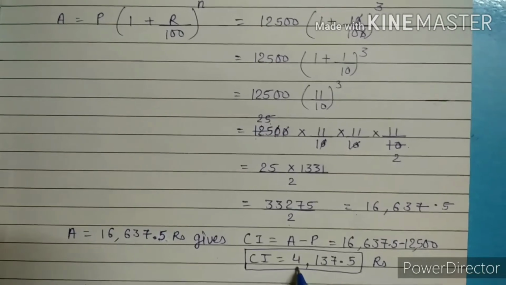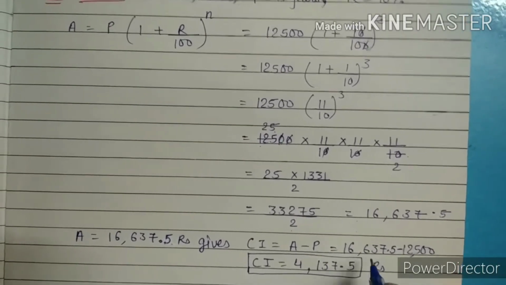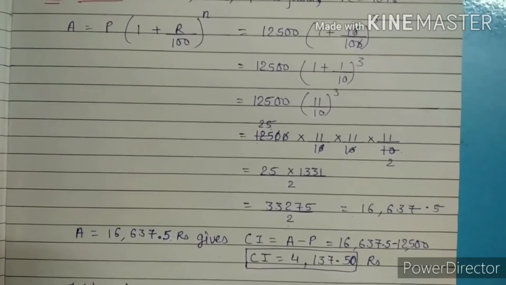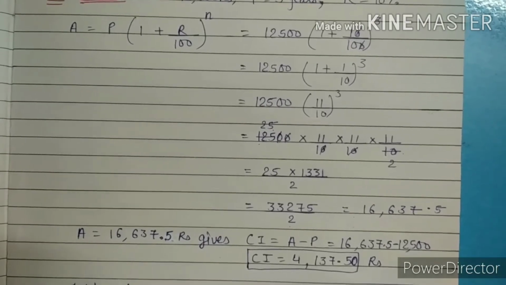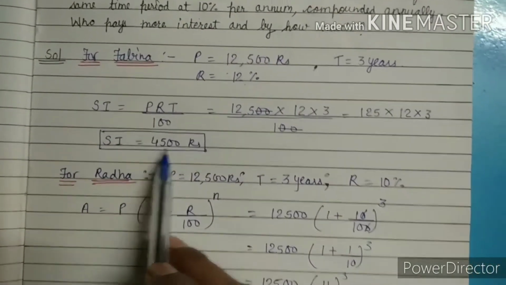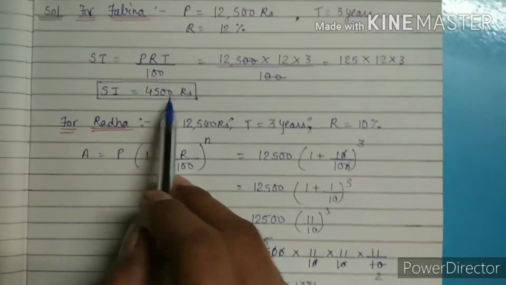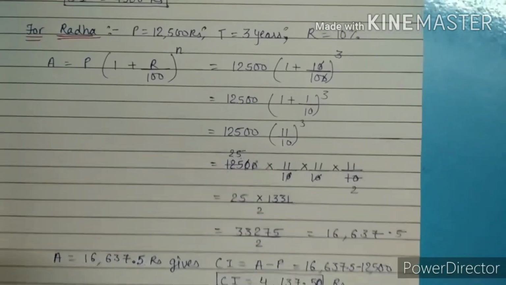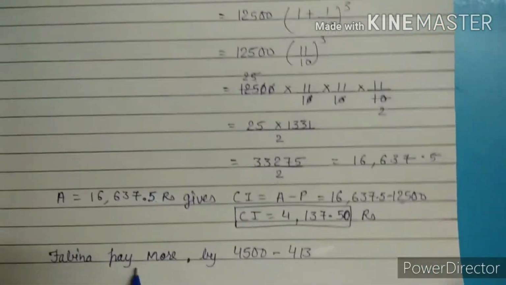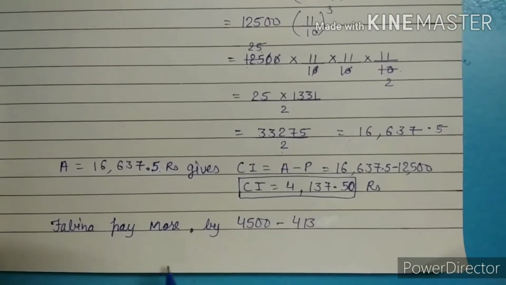It will give 4,137.5 rupees that Radha is giving as compound interest. Fabina was giving simple interest as 4,500. Fabina is giving 4,500 and Radha is giving 4,137. You can easily compare. Fabina pays more because Fabina is paying 4,500.